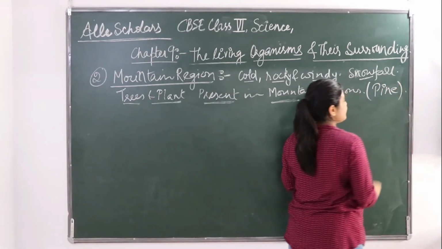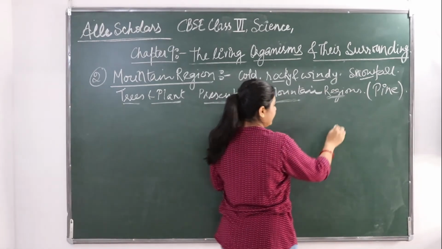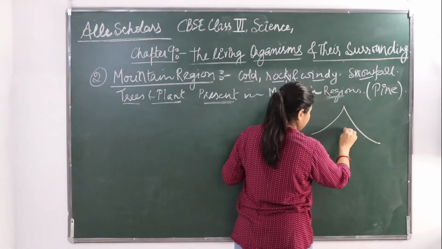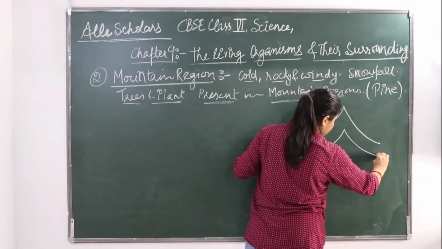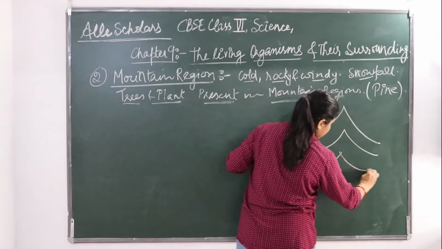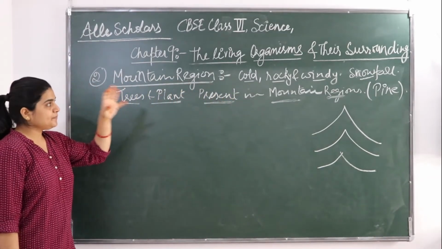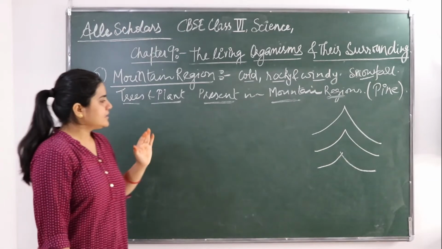Okay, you must have seen a pine tree. It's built like this. The shape is like this. Okay, so this type of tree is very famous in the mountain region.